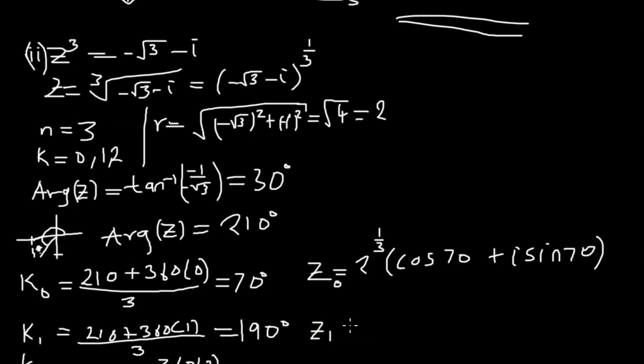Your z1 there will be, the magnitude will still be the same, 2 to the power 1 over 3, and then multiply everything by cos of the angle, which is 190: cos 190 plus i sine 190.